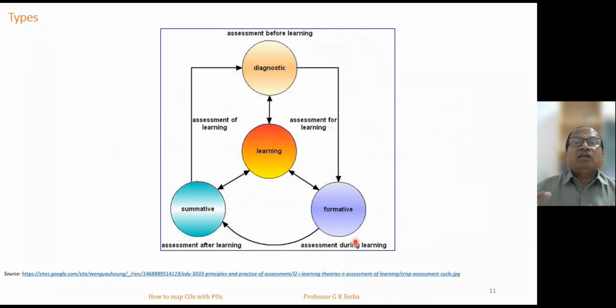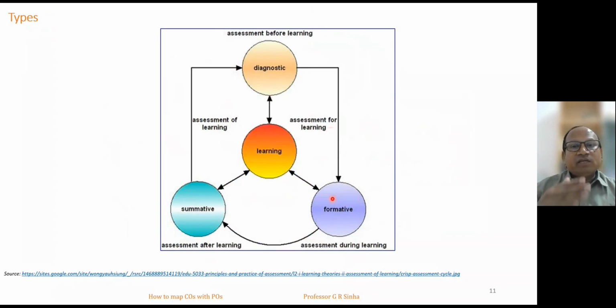In terms of formative assessment, it is assessment during the learning. So when the course is being delivered during that 3 months or during 90 days, whatever is the duration of the course, at regular intervals, maybe each week or every 15 days or 20 days or 10 days, evaluation has to be done regularly by using suitable tools. That is called formative assessment, and this plays a significant role to assess whether the students who have planned to achieve certain outcomes, certain objectives, and we have also anticipated that this would be the outcome after attending the course.